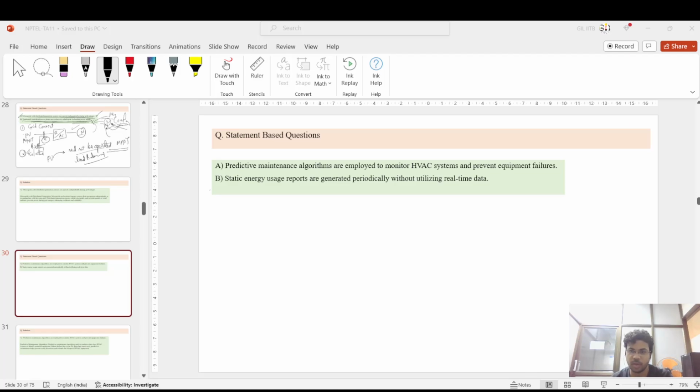Okay, got one answer that maybe A is correct. Very important safety. Anybody else want to try? Okay, Shivna is saying A is true. Okay, let's go to the solution part.